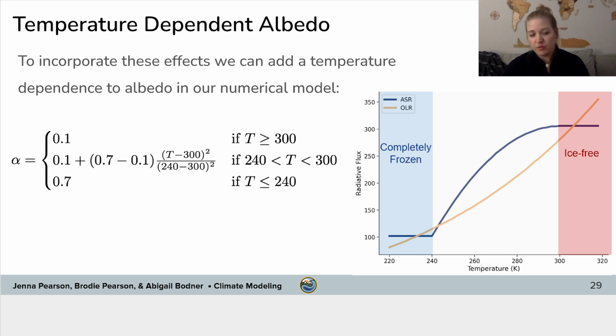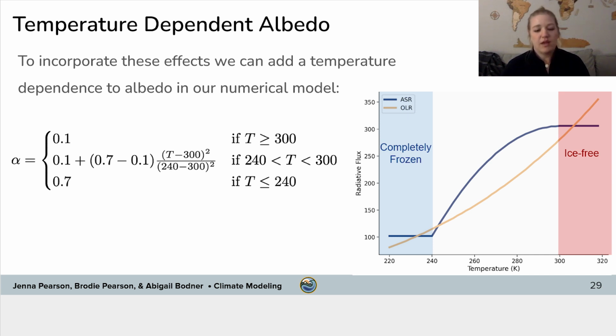Up until this point, we have used a value that was determined from observations, but moving forward, we're going to be using a piecewise function depending on temperature. When Earth is very cold, say below 240 degrees Kelvin, like it could have been in the Neoproterozoic around 600 million years ago, we assume Earth is covered in ice, and thus the albedo is unaffected by further decreases in temperature.